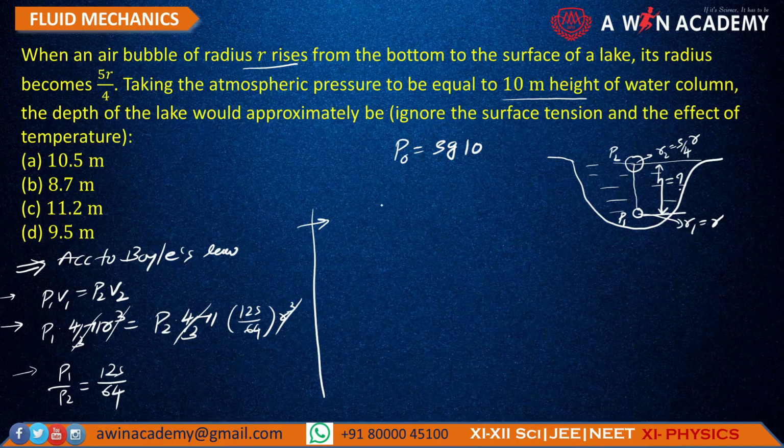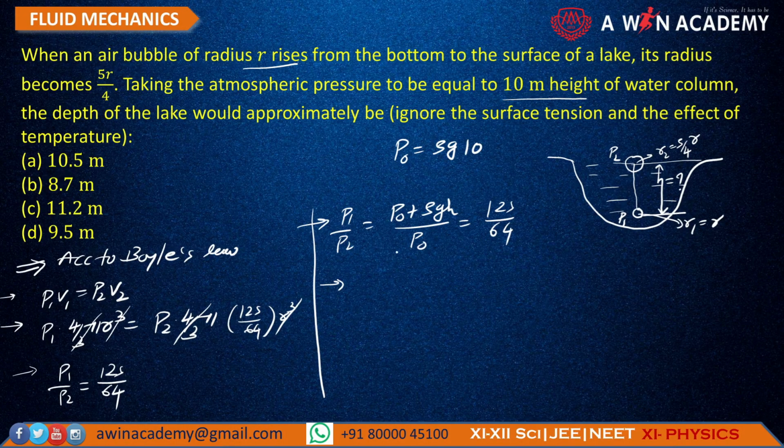And if we see here, P1 is the pressure at a depth h. P1 is P naught plus rho g h, and P2 is the pressure at the surface. This is 125 by 64.